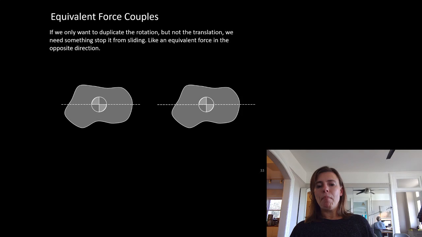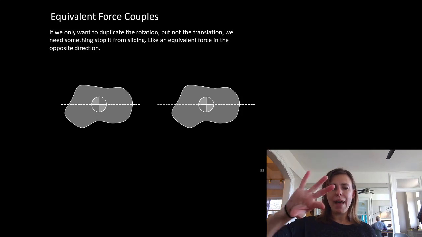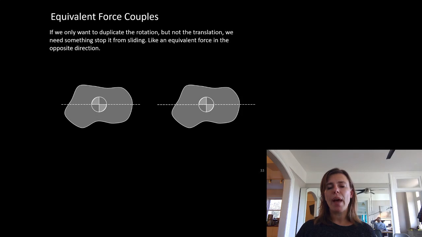So knowing a moment could be equated to a force somehow could be handy, except that the force wants to also make it move. So how could we talk about a moment using forces that doesn't try to make our object move? A moment all by itself only causes an object to rotate. So how could we talk about that as a force that only allows the force to make it rotate but not move? And that's where we always give everything fancy names and we talk about the equivalent force couple system.